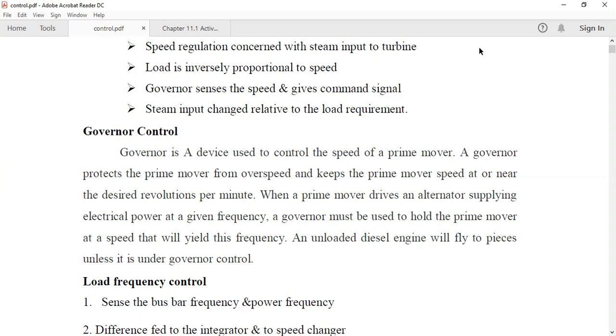So it is a very essential control in the generating unit or generating station to control the speed of the prime mover, because the prime mover is mechanically coupled with the rotor of the alternator. So the prime mover speed is quite important as far as the frequency of the generated electricity is concerned.